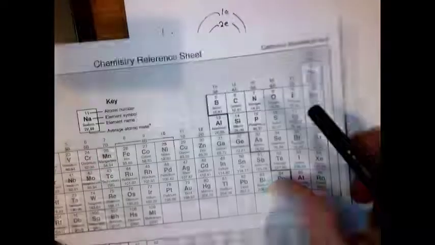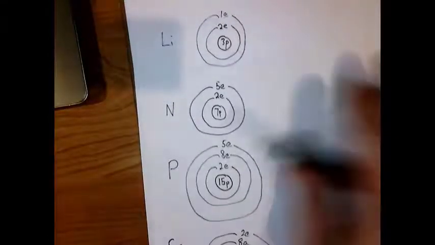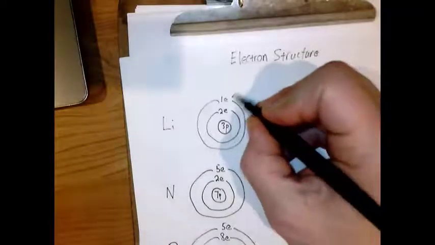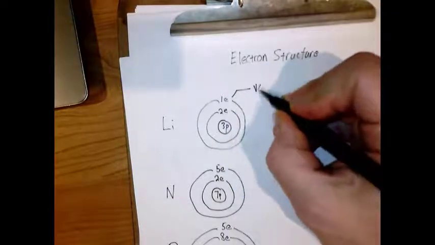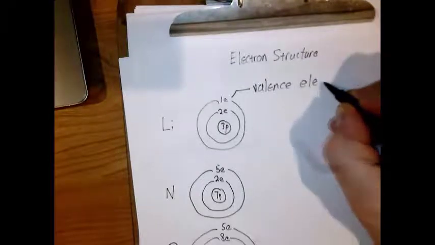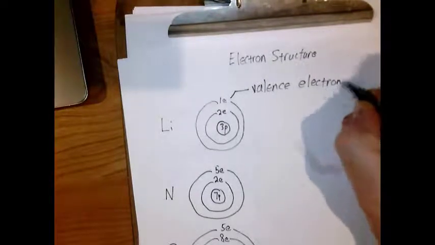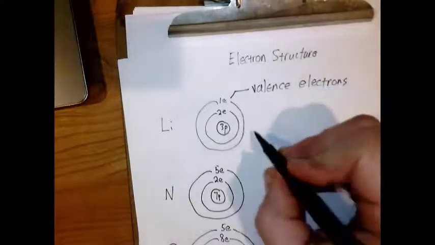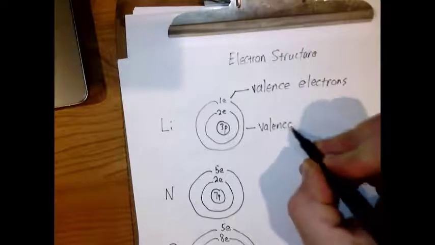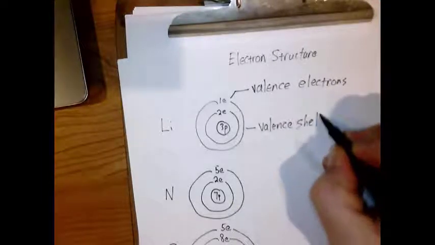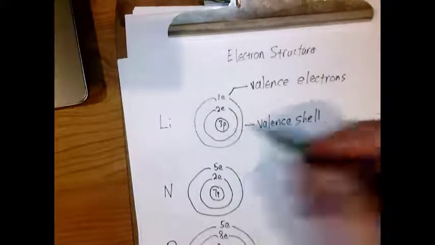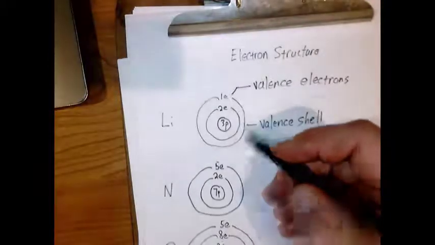And by the way, the term for electrons in the outer shell is valence electrons. And your outer shell is your valence shell. So here you have two energy levels. The second energy level is the valence shell.